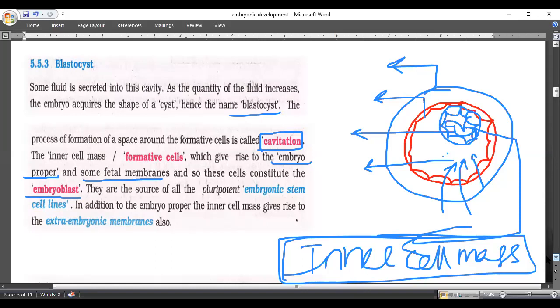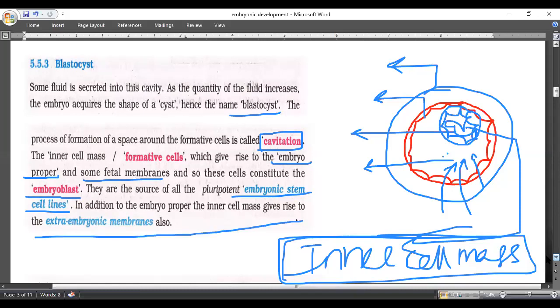They are the source of all the pluripotent embryonic stem cell lines. In addition to the embryo proper, the inner cell mass gives rise to extra-embryonic membranes also.